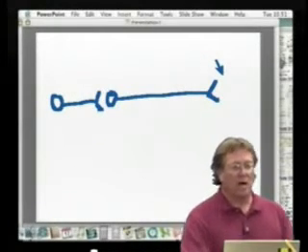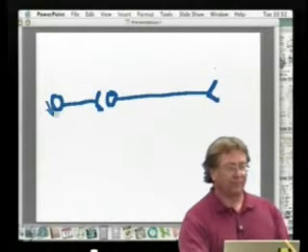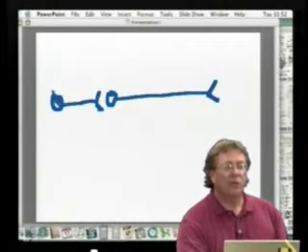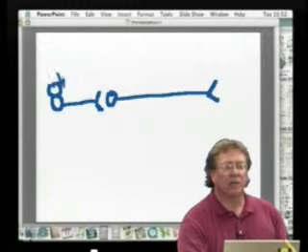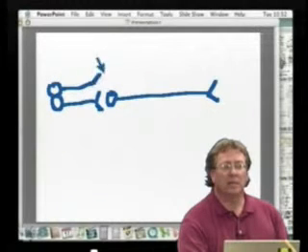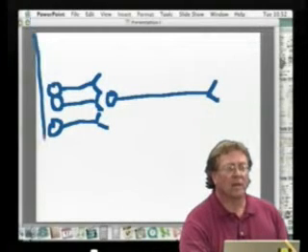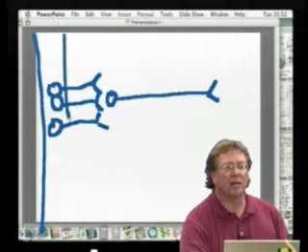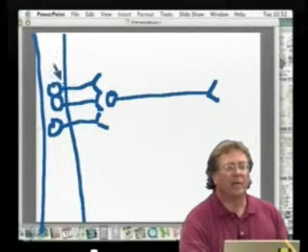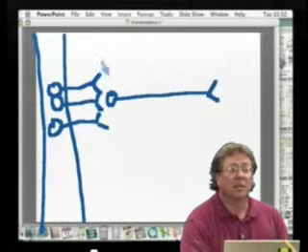Anatomists, microanatomists and neuroanatomists, if you have a large collection of cell bodies in the central nervous system, it's called a nucleus. So let's encase these cells in the spinal column. And this collection of cell bodies would be called a nucleus.